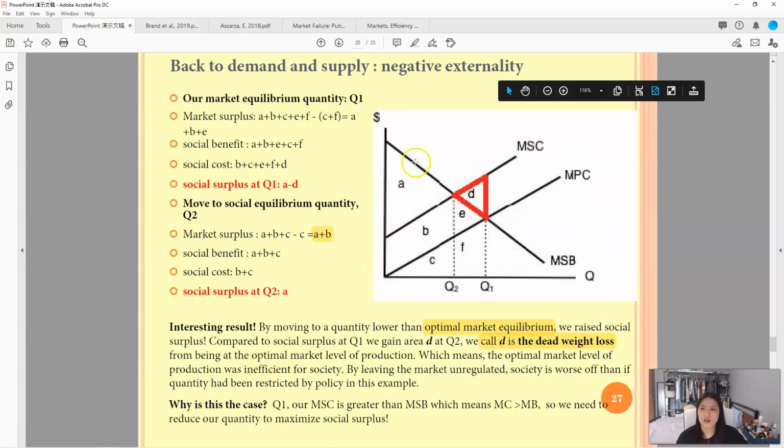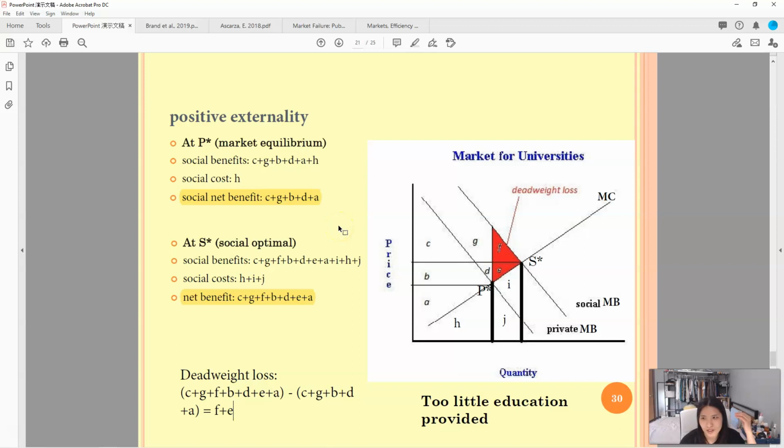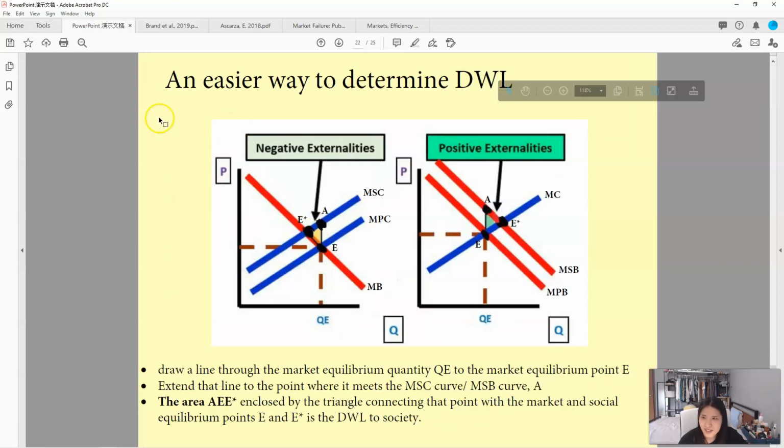If you find this way so complicated, but you want to finish the quiz, the homework or exam, there is an easy way to determine the deadweight loss. The first example will again be the negative externality.